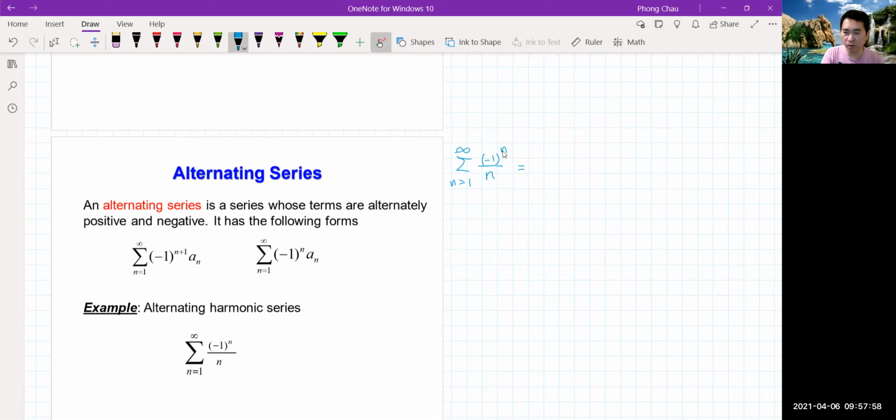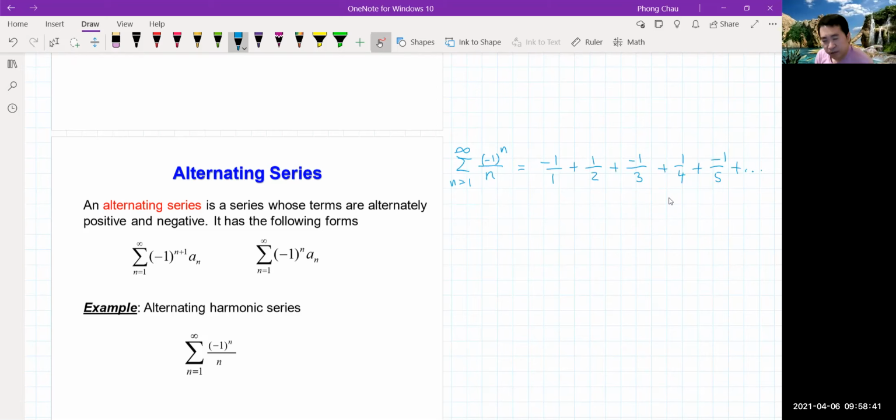Plug in 1: negative 1 to the first is negative, so you have negative 1 over 1. When n is 2, negative 1 squared is positive, so it's positive 1 over 2. The next term, negative 1 to the third is negative, so negative 1 over 3. Then you have 1 over 4, and then negative 1 over 5. Continue, and you can see the terms alternate positive, negative.